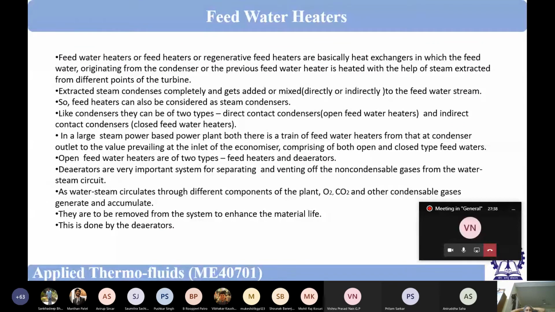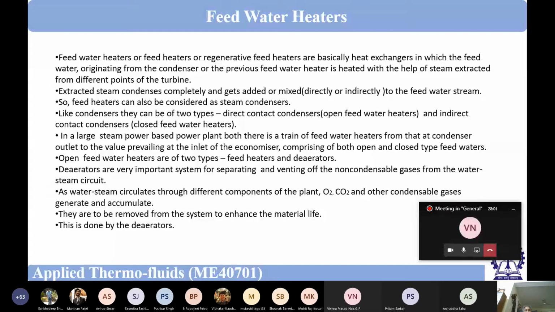I have already told you that feed water heaters will be there in large utility power plants, even moderate size power plants. Though in the last example I have not considered any feed water heater, feed water heaters will be there even in a combined cycle power plant.